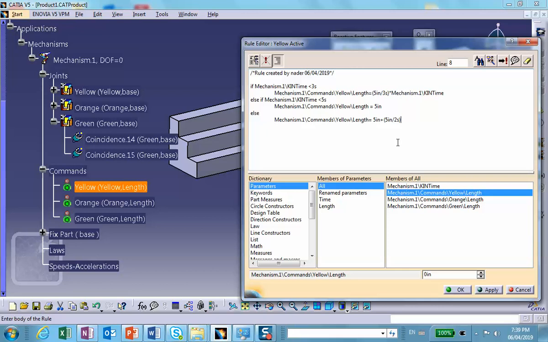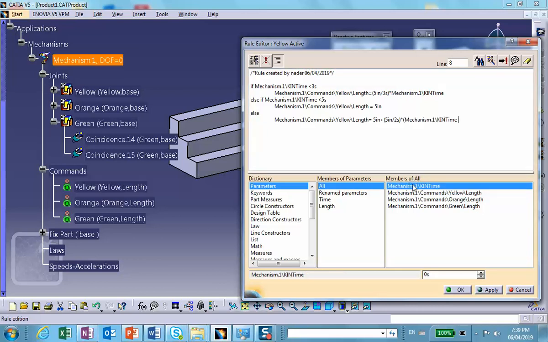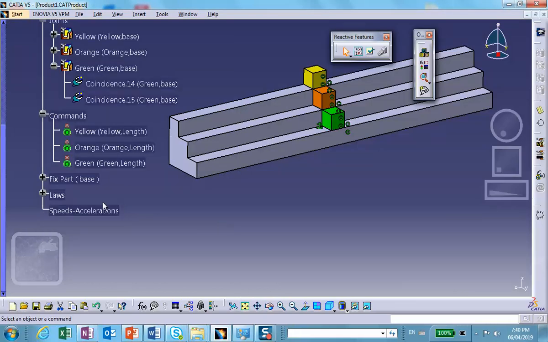I put the 2 seconds in parentheses because it's easier to read. Times time, parentheses. Now this is very important, you don't want to forget this: time minus 8 seconds. It's easy to forget this minus 8 seconds. Okay, good. So assuming that there are no syntax errors, we say okay. I don't think there are. So there we are. This is the yellow rule.